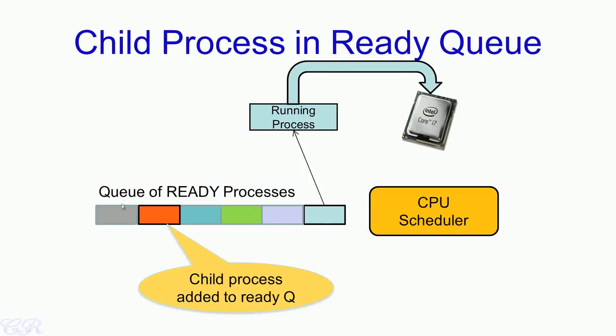So, with respect to the ready queue, the new process would have an entry in the ready queue, and whenever the CPU scheduler gets triggered, it may pick up this particular process and change its state from ready to running, and the new process will begin to get executed within the processor.